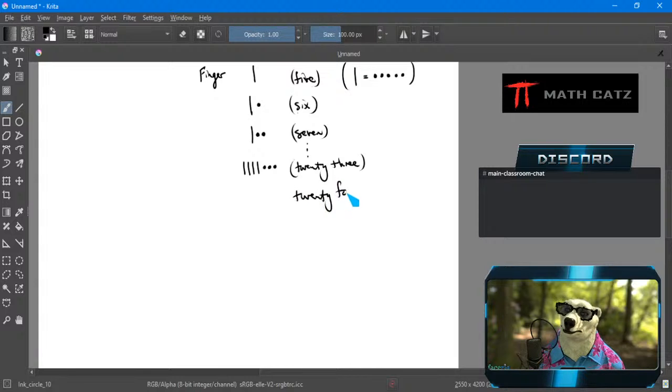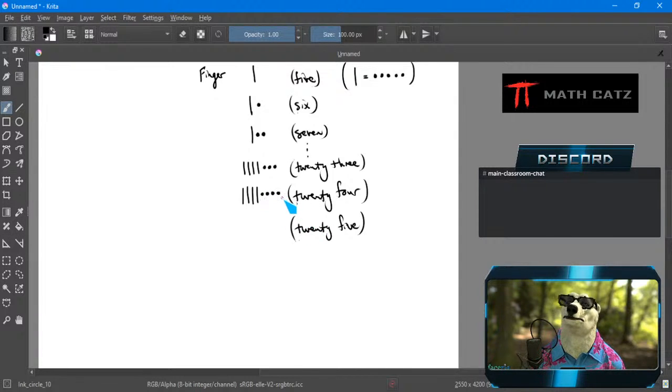24 will then be 1, 2, 3, 4 fingers and 4 rocks. If I then want to go to 25, I have to essentially add a rock.